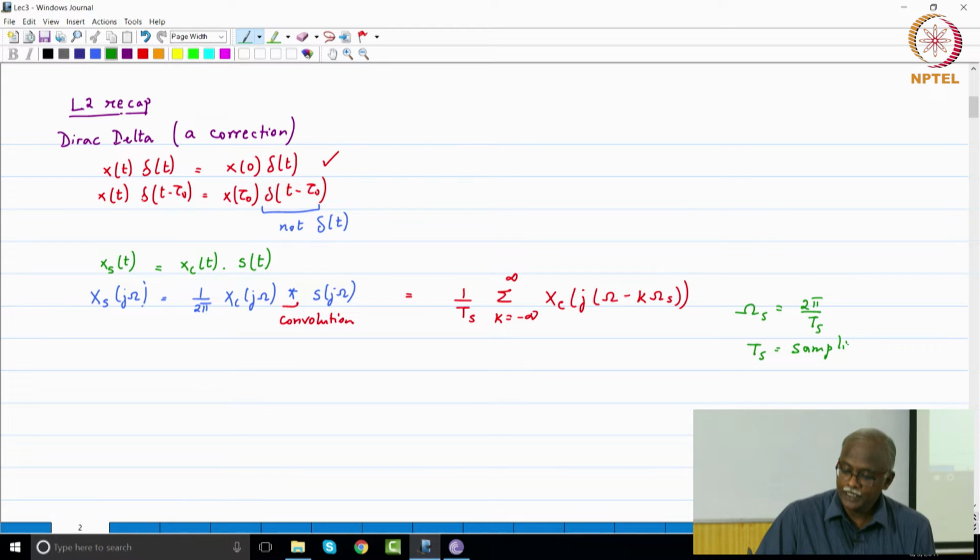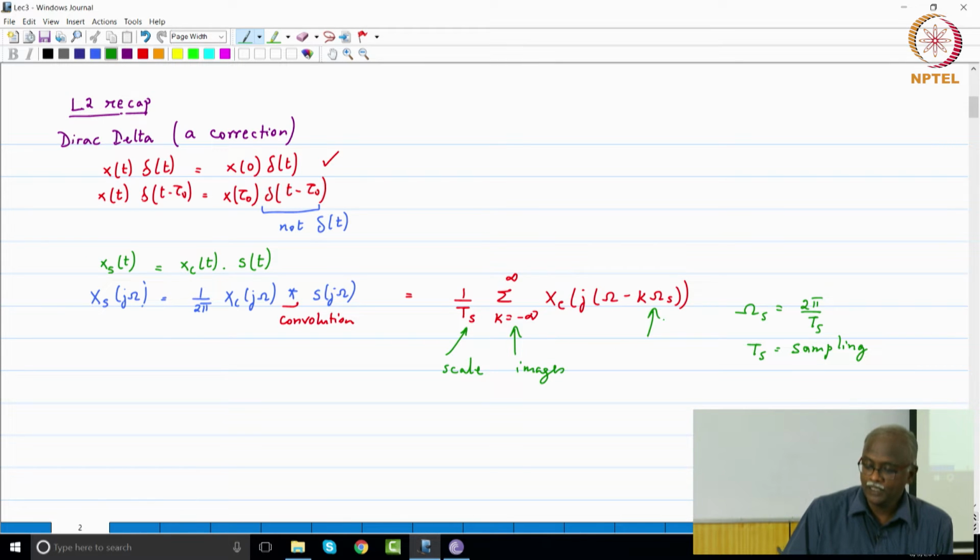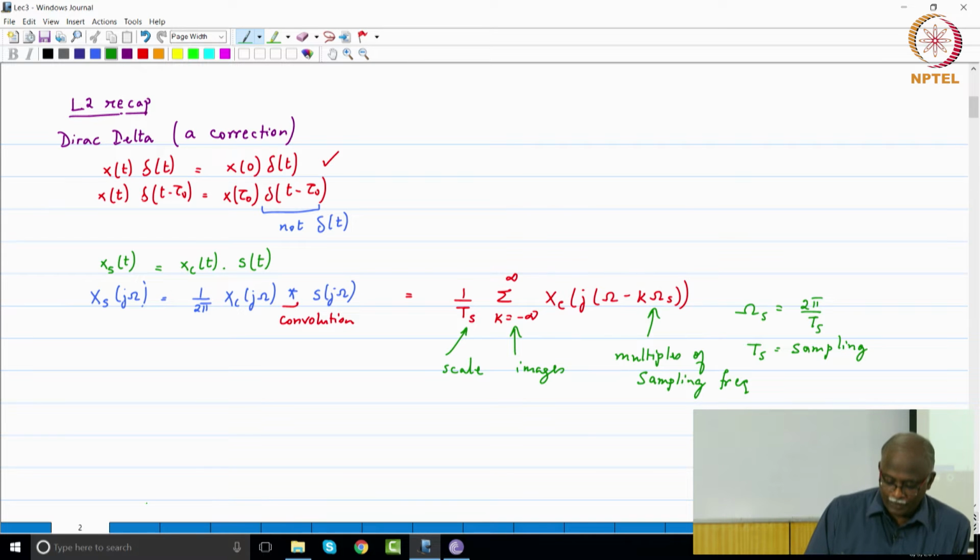And we did observe that there were three elements of our sampling process. The first one was a scale factor, the other one was multiple images, and the shifts happen as multiples of the sampling frequency, and all of these are going to be exploited in our use of the sampling process. So that was the sampling process.